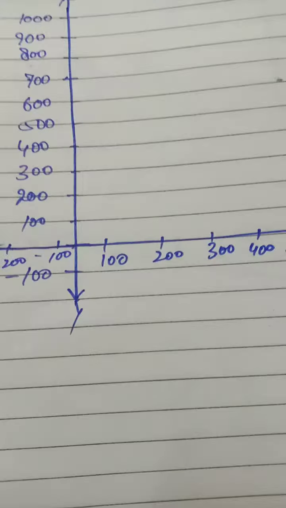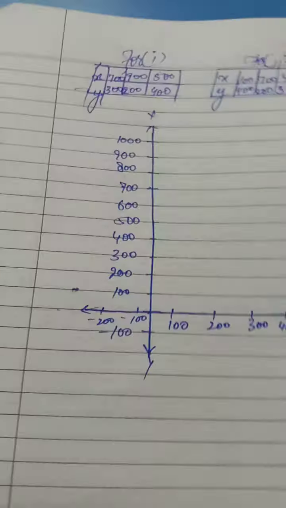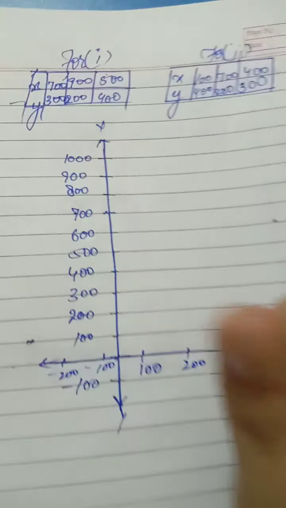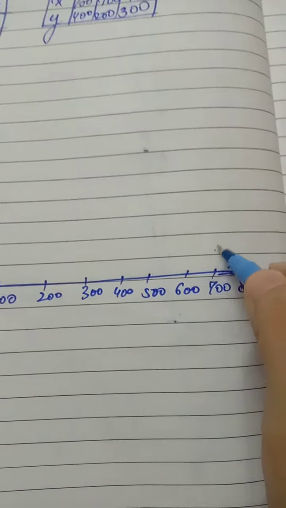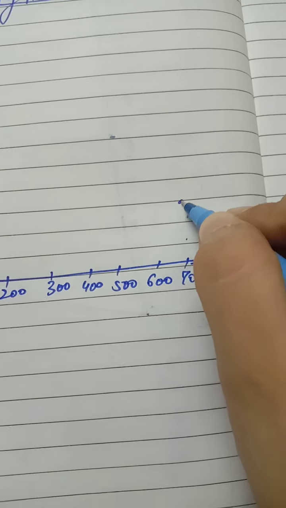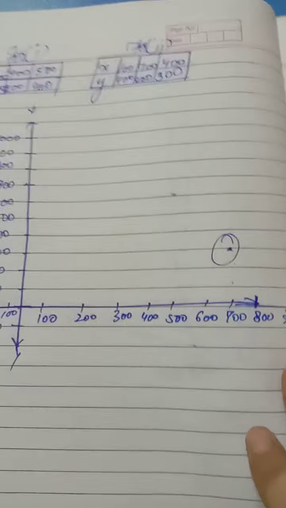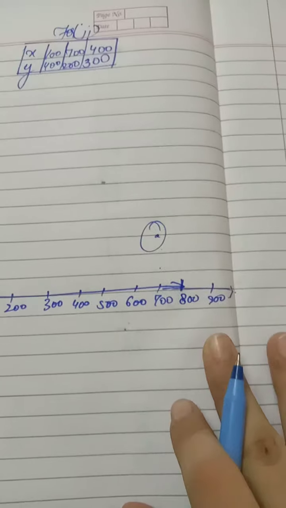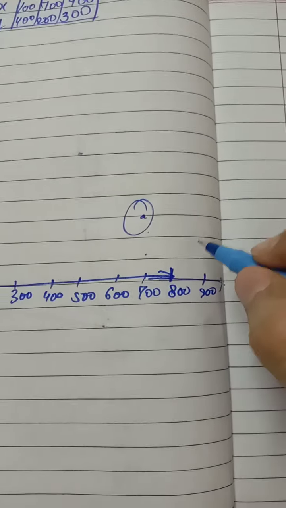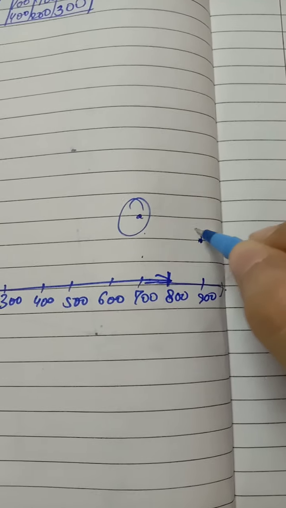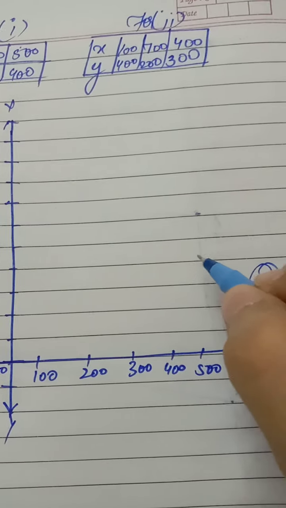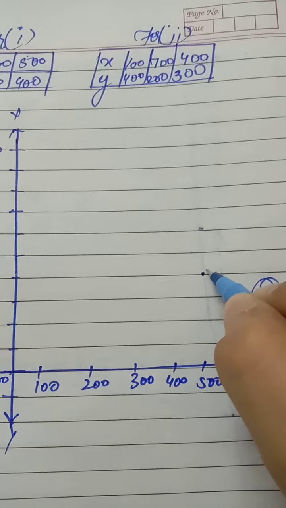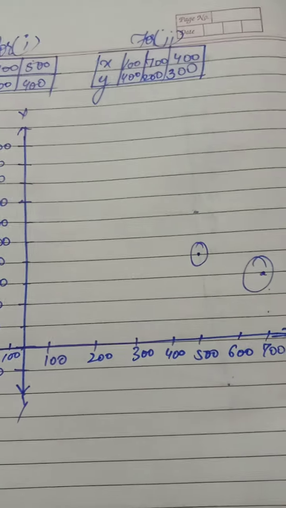Okay, so our graph goes somewhat like this. We have our first equation as 700 comma 300. 1, 2, 3. Here we get our first solution. Then we have 900 and 200. 1, 2 we get our second, and 500 and 400. This is our third one.